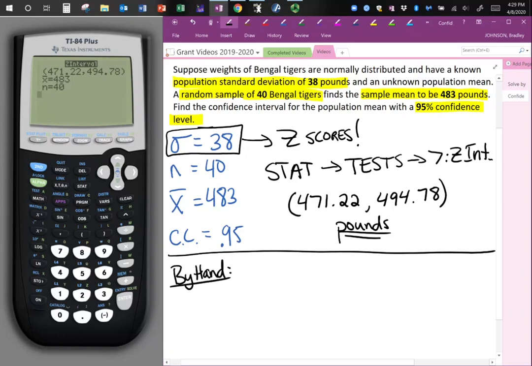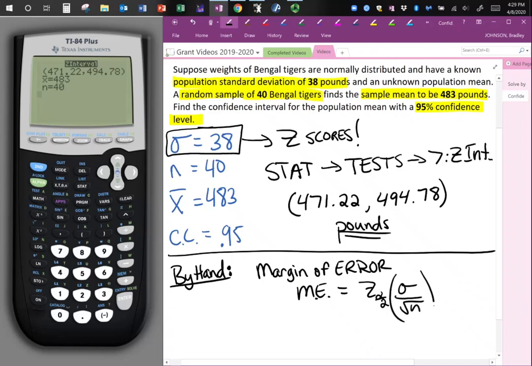If we did this by hand, and you can skip over this if your instructor doesn't require that, we need to find what's called the margin of error. The margin of error I will label as ME. The margin of error comes from z alpha over 2, the z-score for our confidence level, and you multiply that by sigma and divide by the square root of n.